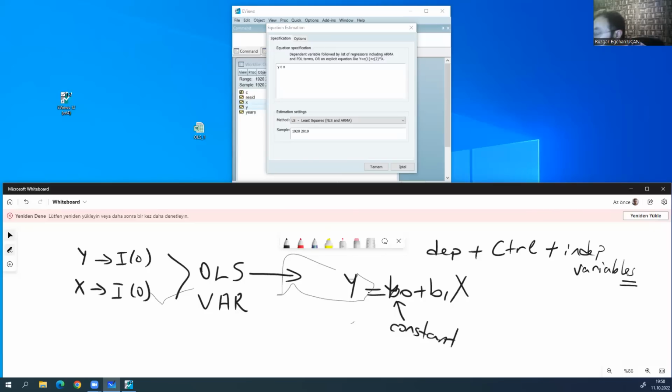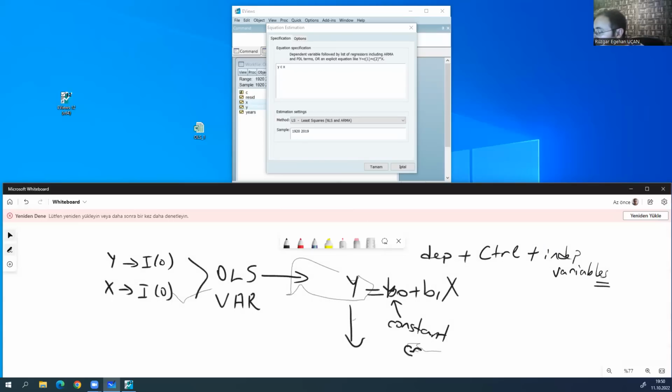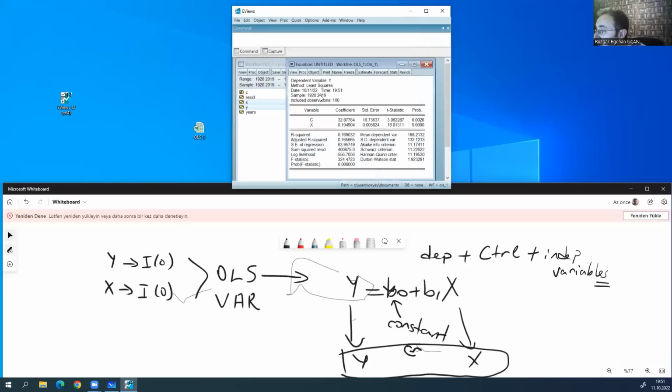In the EViews file I write C between Y and X, so Y is here, C is here, and X is here. This is the ordering in EViews. So we choose LS, the least squares method, then say OK.